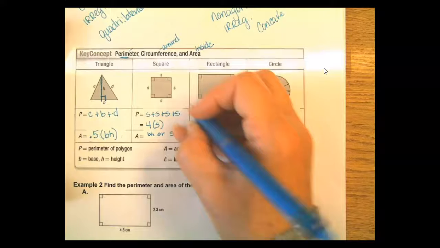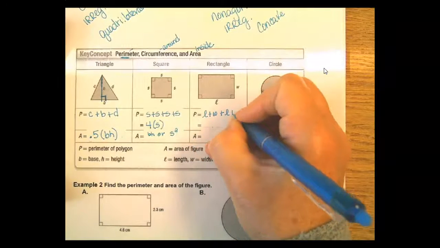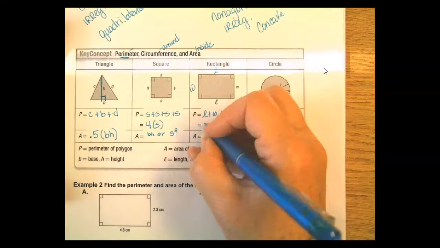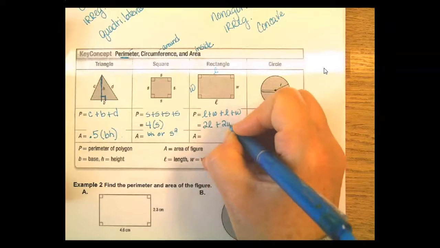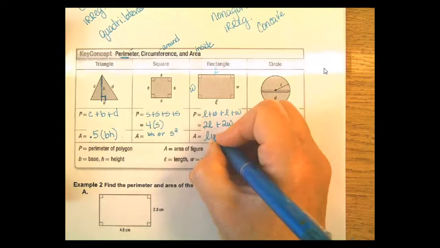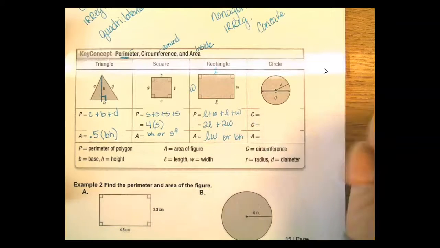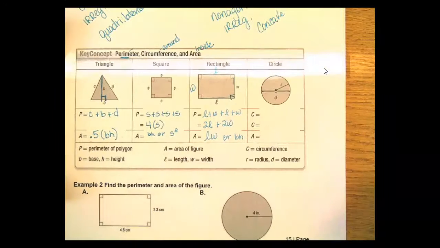Rectangle: you can have length plus width plus length plus width, or 2 times your length plus 2 times your width. It's almost like simplifying it. Area is length times width, or a lot of times we still say base times height. And again, your base and your height form this 90 degrees.